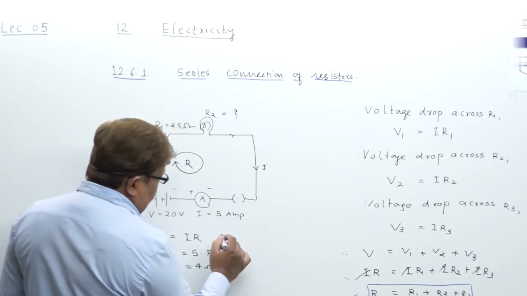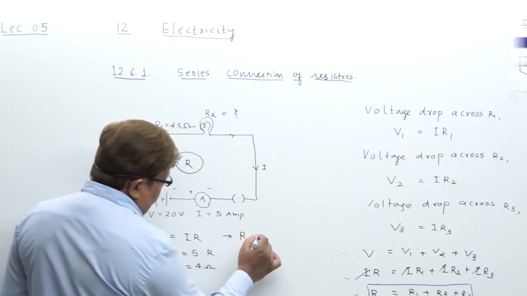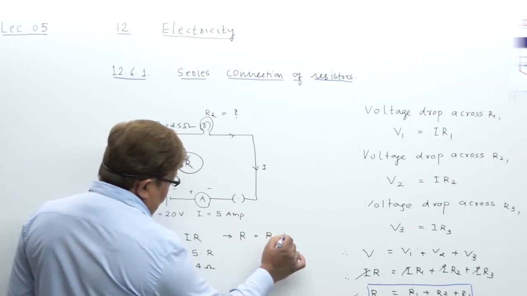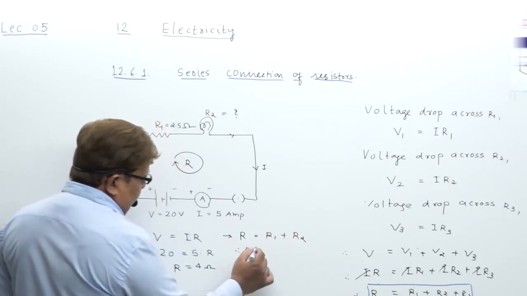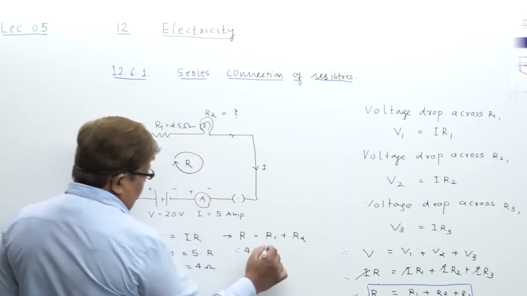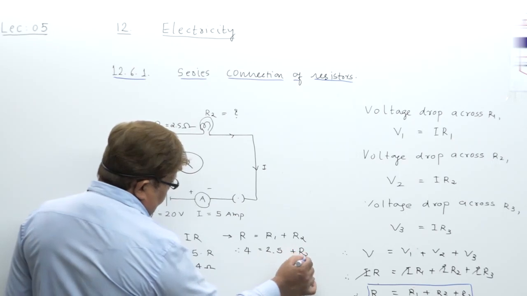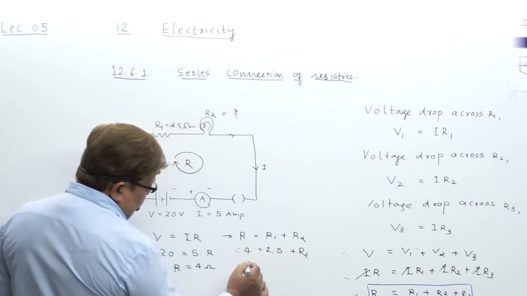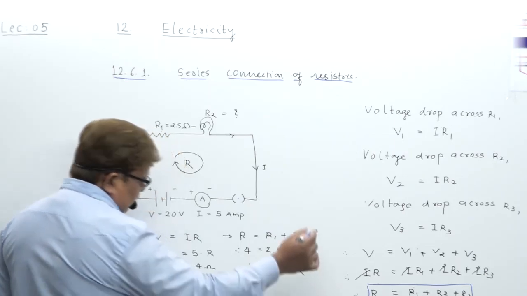Now because they are in series connection, what is the formula you can design? R equal to R1 plus R2. R is already 4. R1 is given to you, 2.5. R2 you have to find. Just subtract it. 1.5 ohm equal to R2.